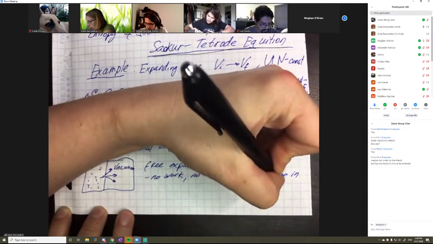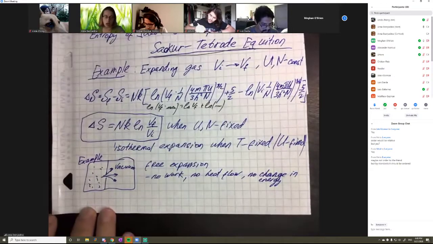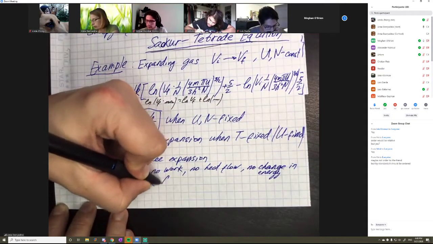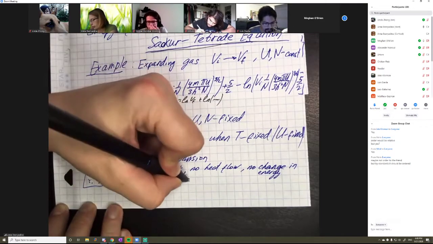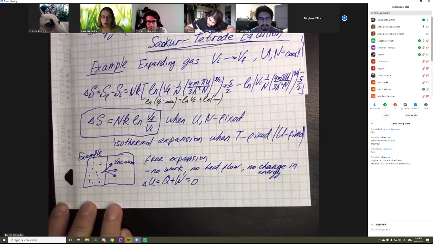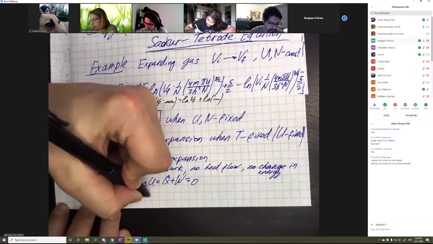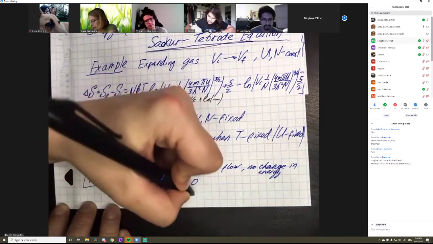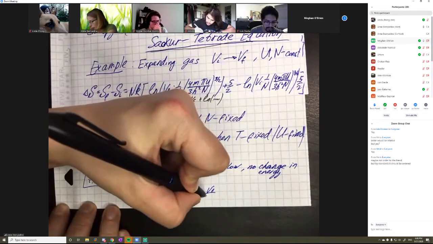In this case, we can use the same formula which we just derived. We know that delta U is equal to Q plus work, which is equal to 0, no heat flow, no work. So the change of entropy is equal to NK logarithm of the final over the initial volume.